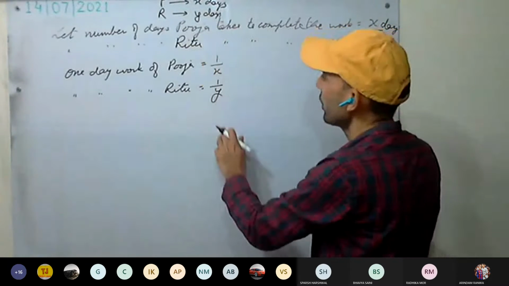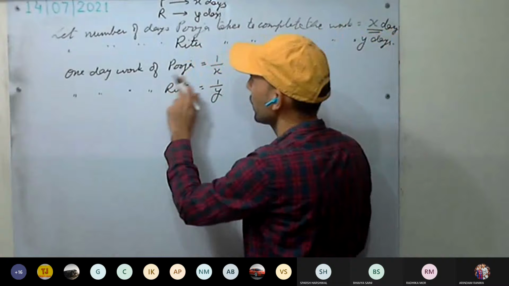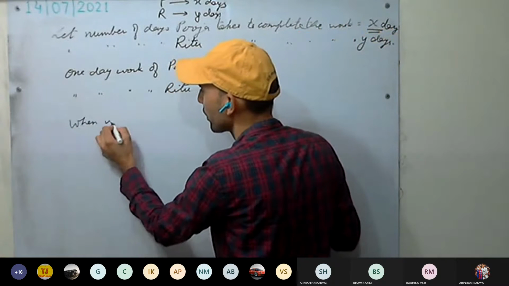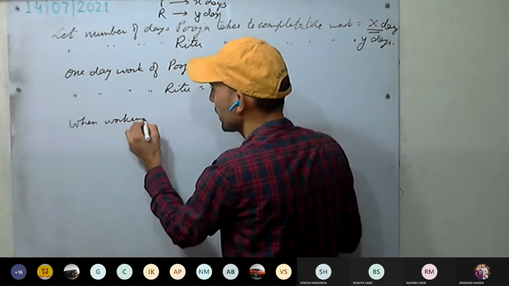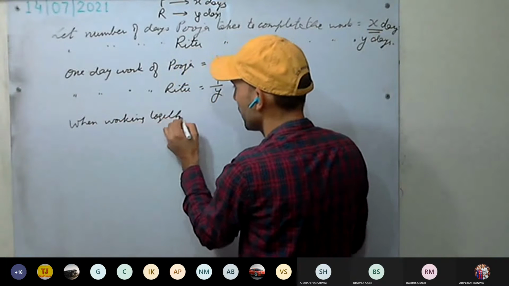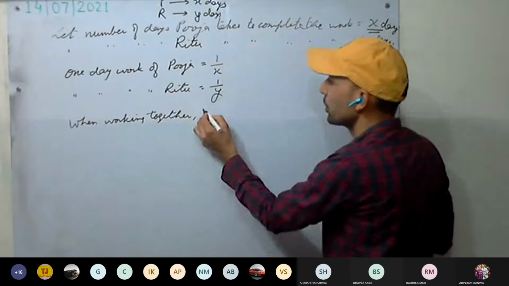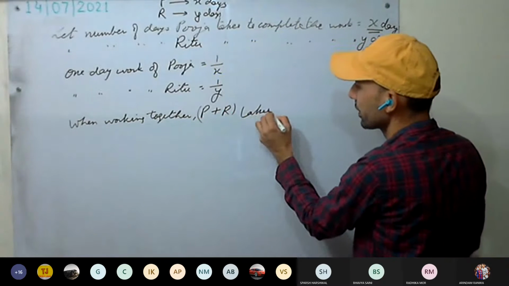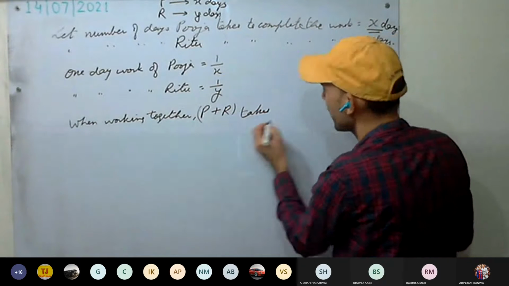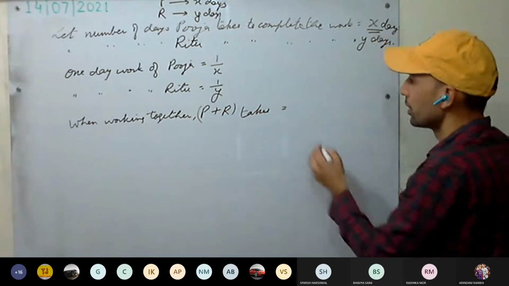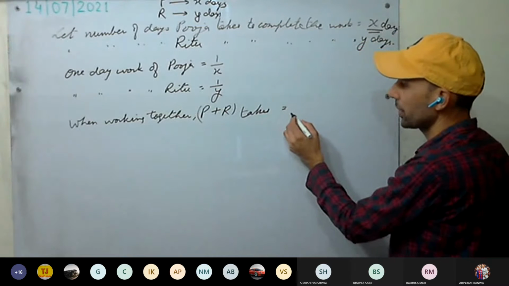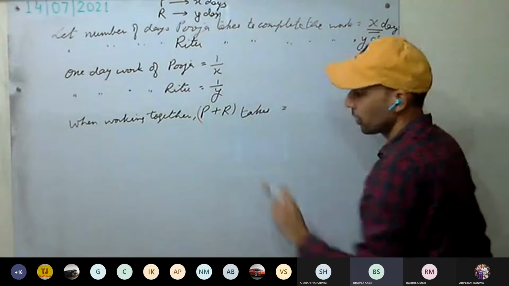Now, when working together, how many days do Pooja and Ritu take to complete the work? 17, 1 by 7.